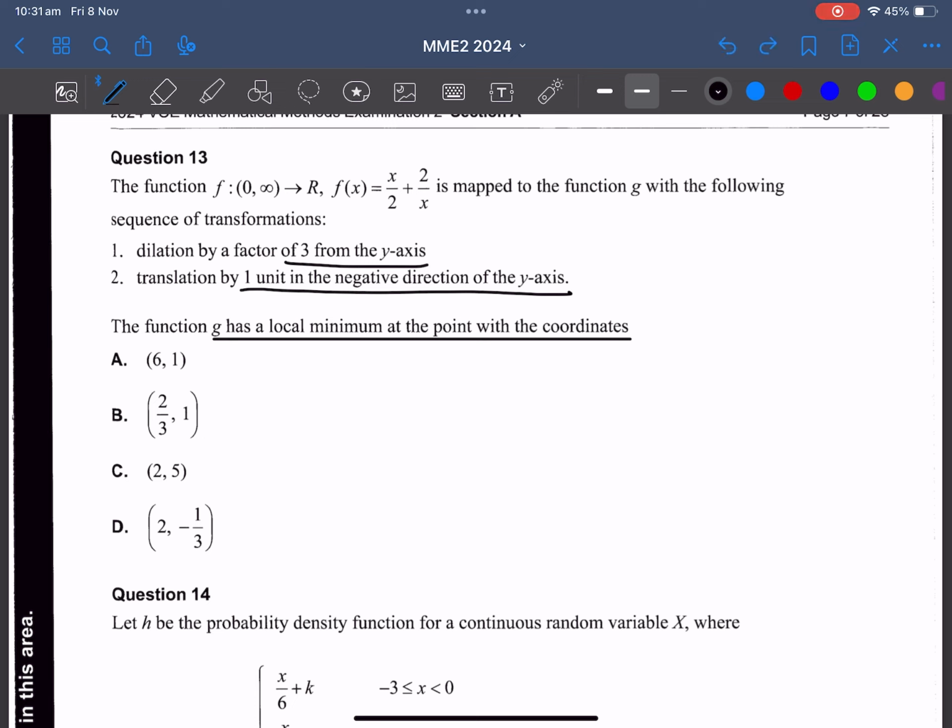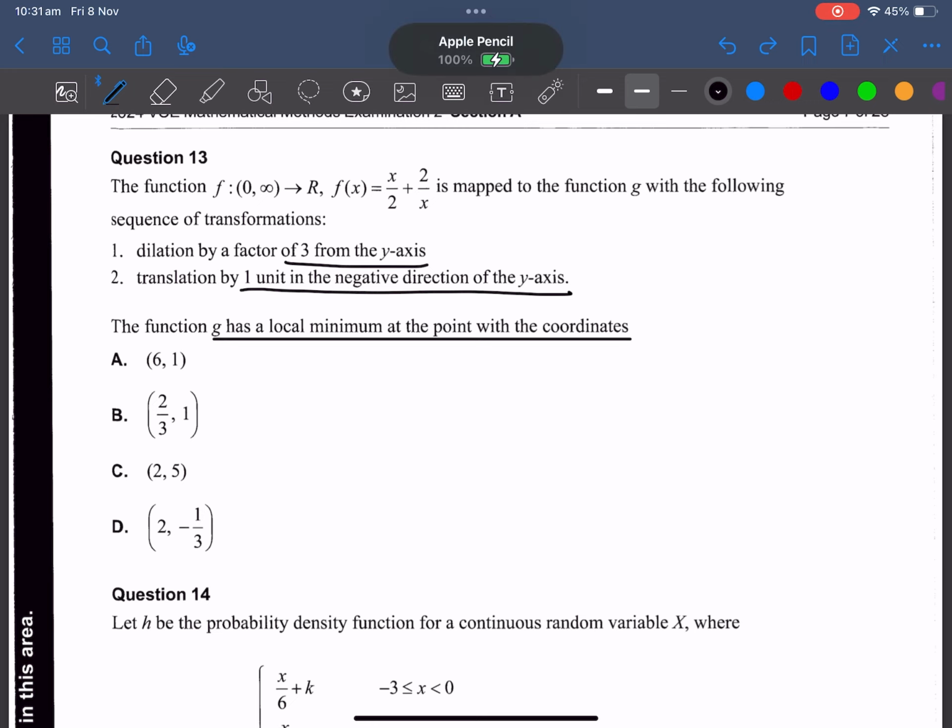Rather than applying the transformations to the whole function, I'm going to find the local minimum of f first, and then just apply the transformations to that particular coordinate. I feel like that would save a lot of time rather than finding a new function.